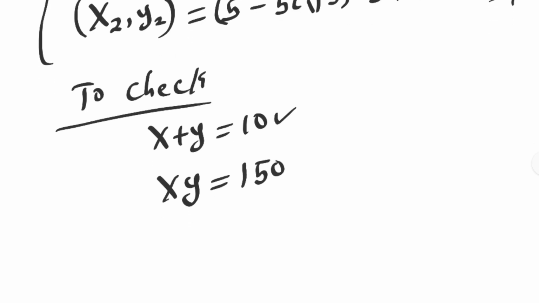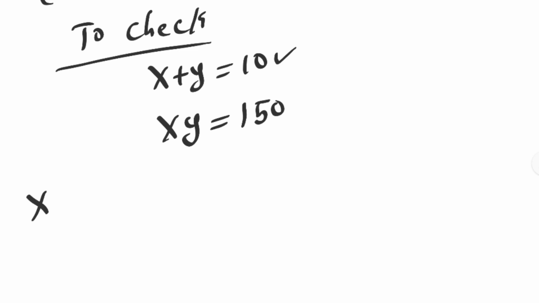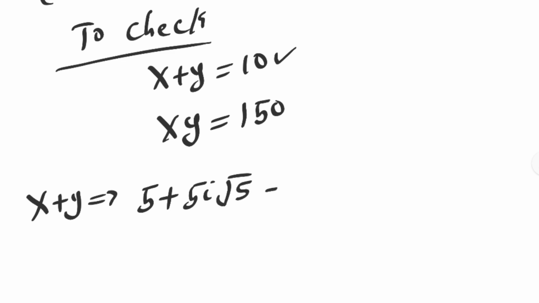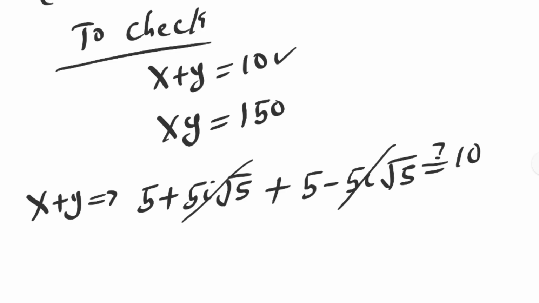Now let us consider this. x plus y can be written as 5 plus 5i root 5 plus 5 minus 5i root 5 must be equal to 10. This cancels this. 5 plus 5, this is 10, is equal to 10, which is true.